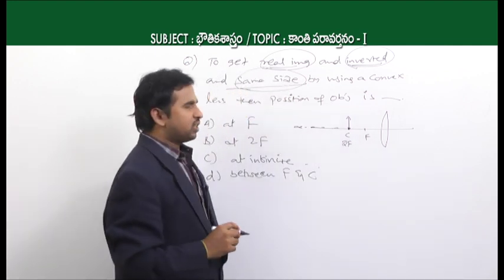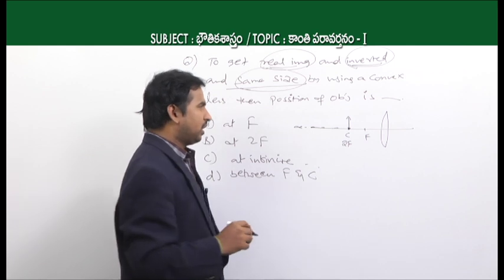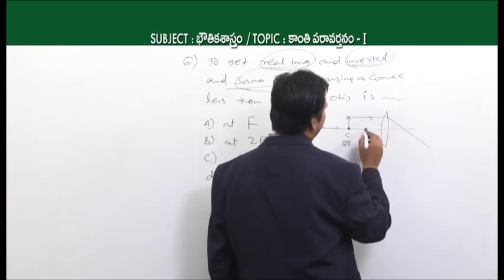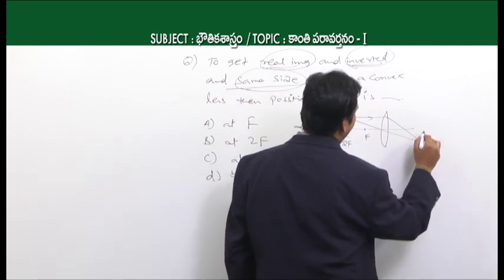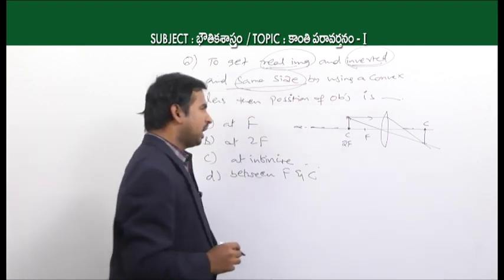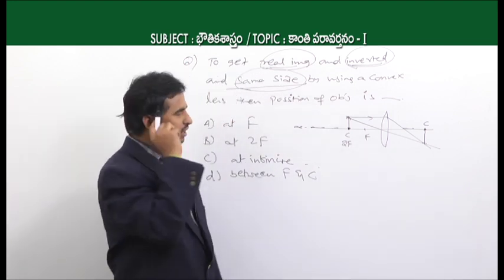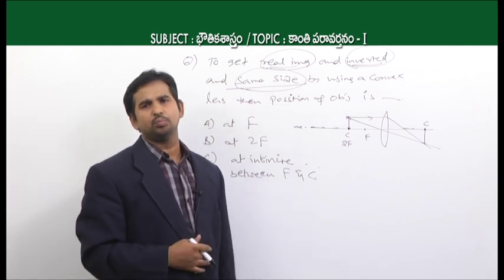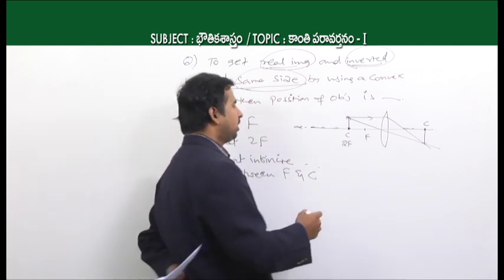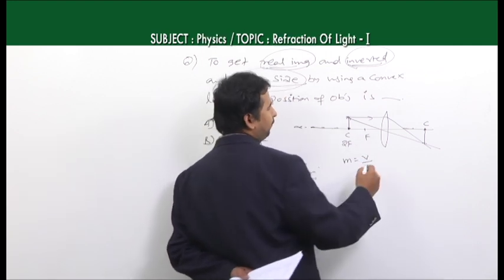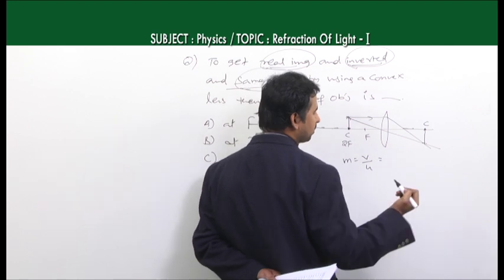If the object is placed at the center of curvature like this, then after refraction the light ray passes through and the image is formed exactly on the center of curvature again. As it is forming exactly on the center of curvature, the object distance and image distance are both the same, and the magnification becomes 1, because magnification m is equal to v by u, and here the object distance and image distance are the same.